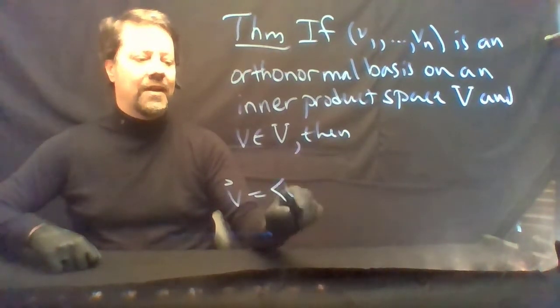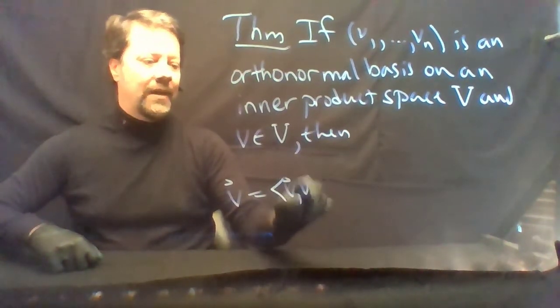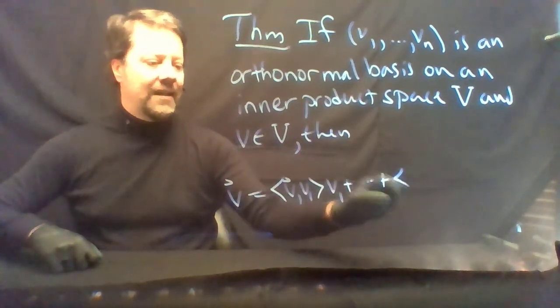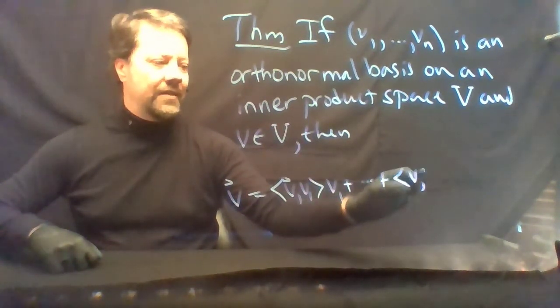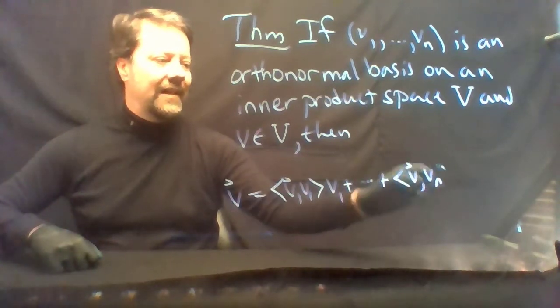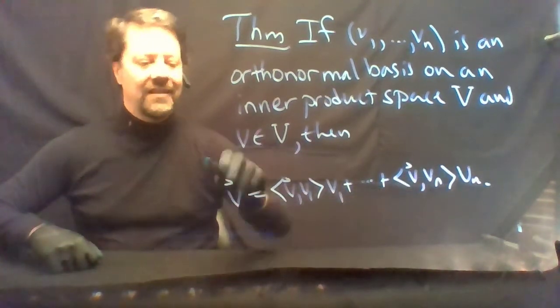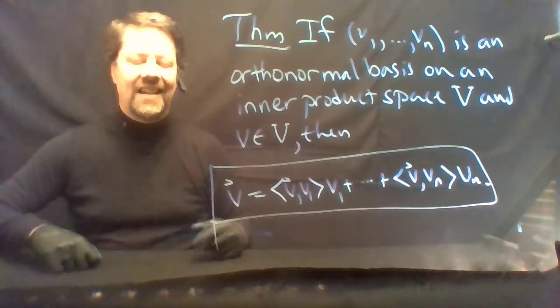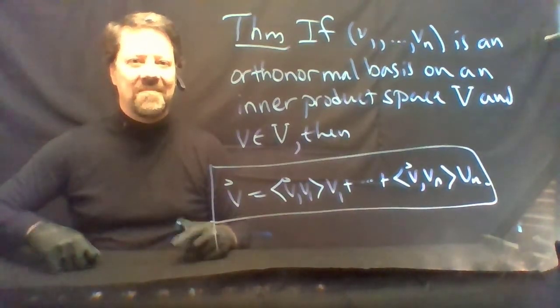You take the inner product of v with v1 times v1 and add up those inner products all the way down the line, in exactly the same way as we did with i, j, and k in R3.